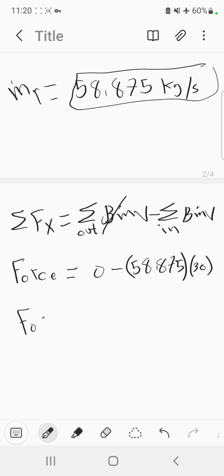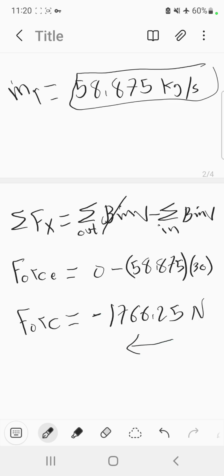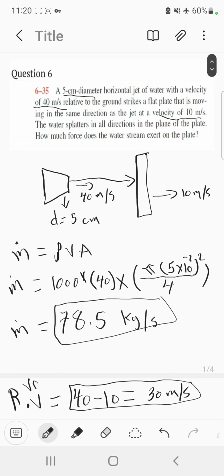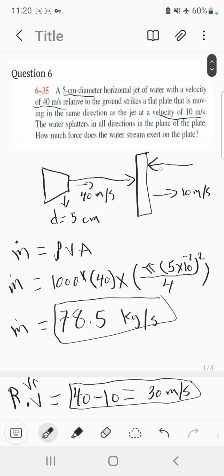So the force is going to be minus 1766.25 Newton. The negative is showing that the force is going to the left. So here is the force, or how much force the water stream exerts on the plate.